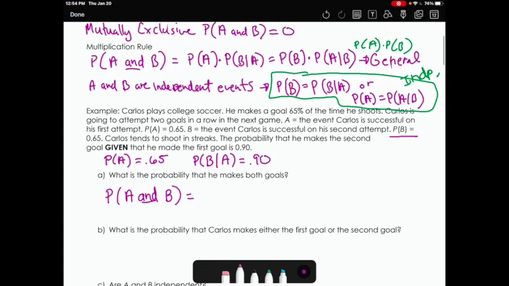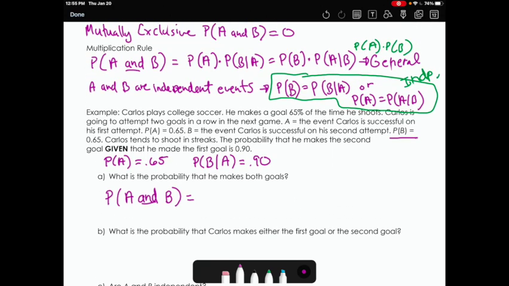Now, in general, if we look back up here, the rule for "and" is we multiply: we would take the probability of A times the probability of B, given that A has happened. There's other ways that you can write it too, but based on the information that we're given, this is what we're going to use.